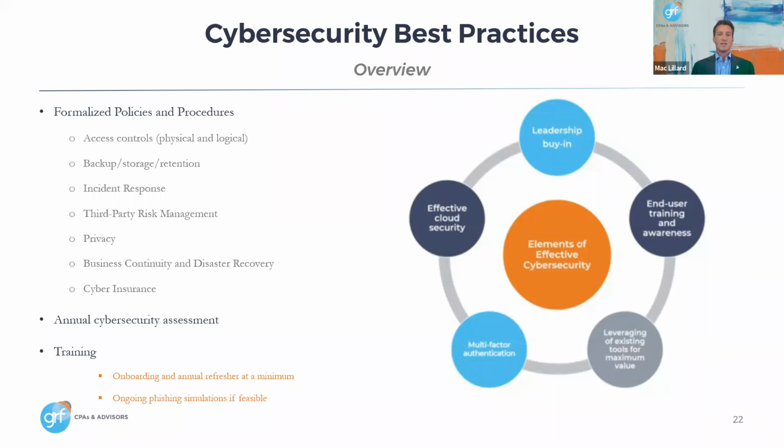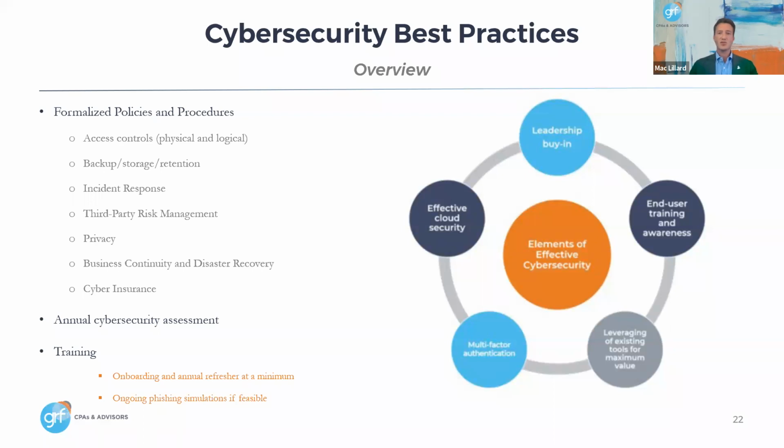So for an annual cybersecurity assessment, we always recommend that all of our clients perform something at least on an annual basis. This goes above and beyond just the normal ongoing monitoring that you might do over your network or firewall, or something that your managed service provider would do for you. This would be something a little more in-depth, whether it be an external scan using open source threat intelligence to look at potential vulnerabilities from an external perspective.